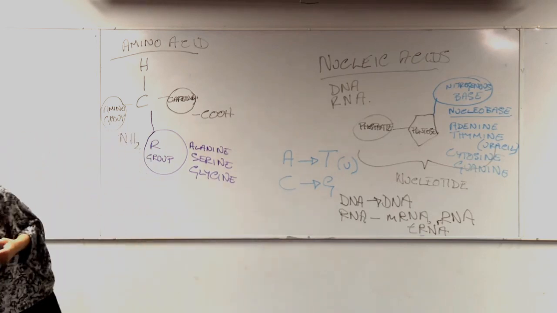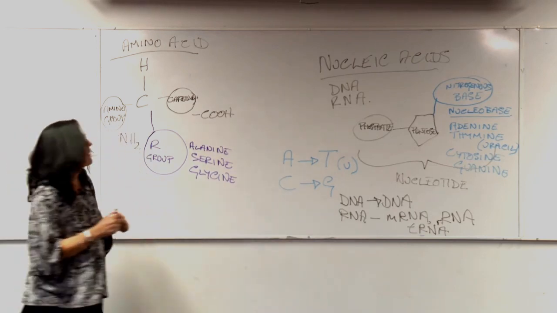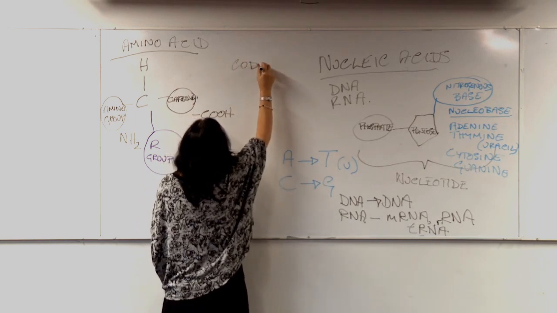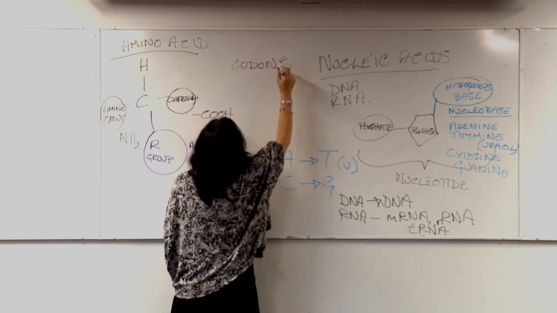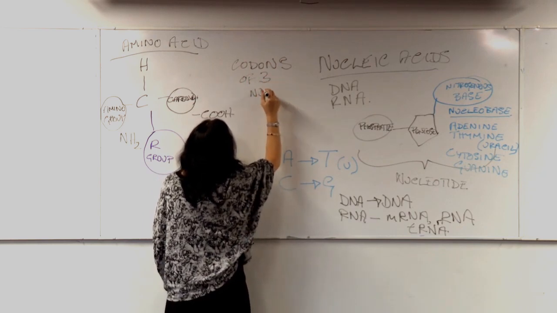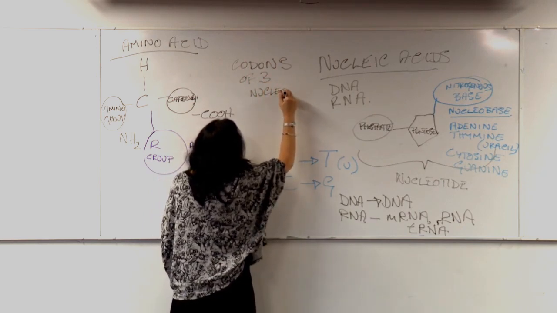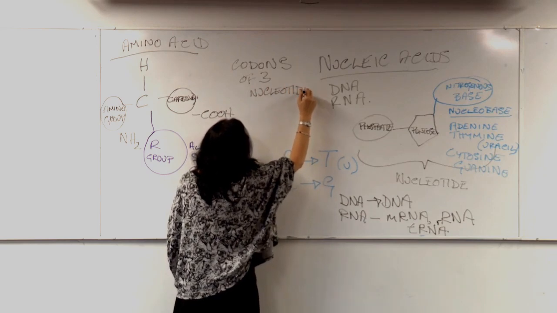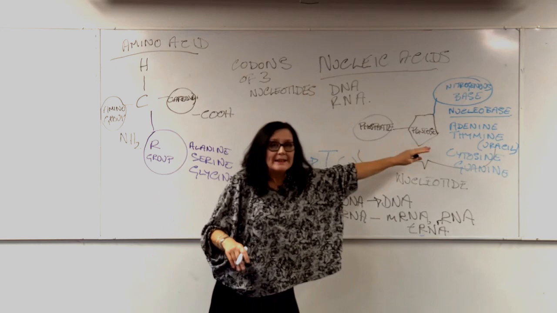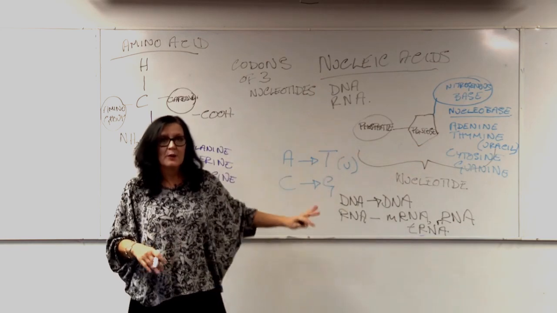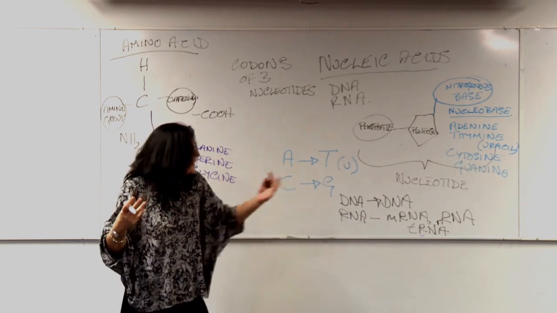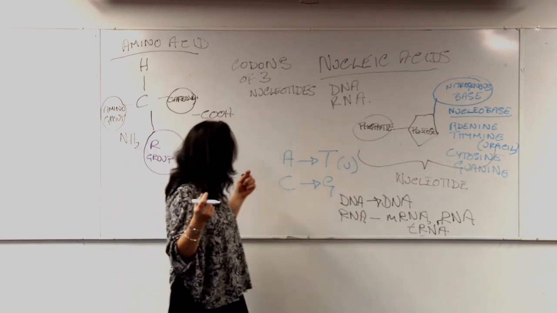So we have codons of 3 nucleotides. Those nucleotides might all be adenine, that's fine. But with any combination, there are 60-odd combinations of these nucleotides.